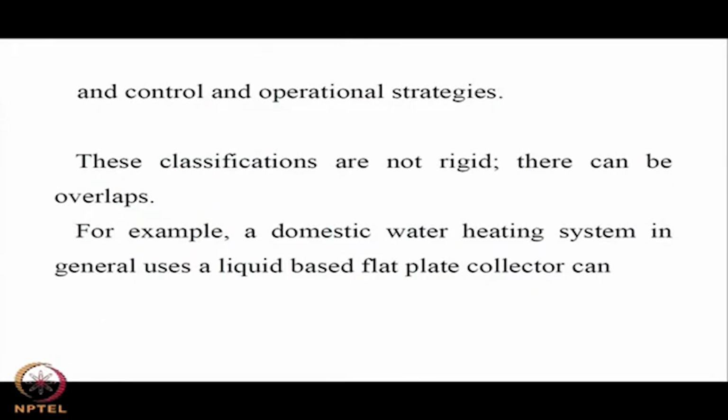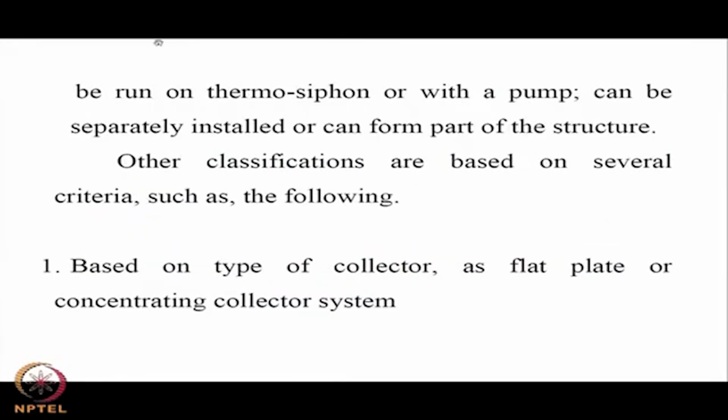So, these classifications are not that rigid, there can be overlaps, and one should not be upset whether it is a passive system or an active system, but it should be understood in the spirit in which it is spoken. So, a domestic water heating system generally uses a liquid based flat plate collector and can be run on thermosiphon or with a pump or without a pump separately installed, and it is an active system.